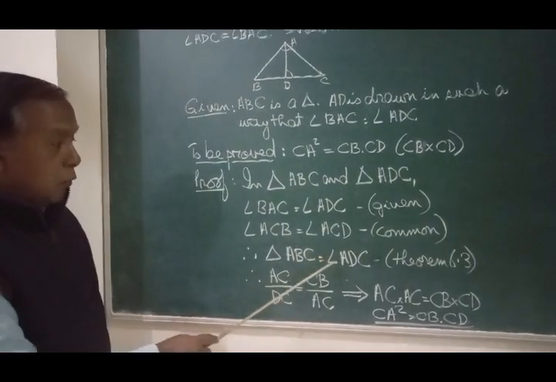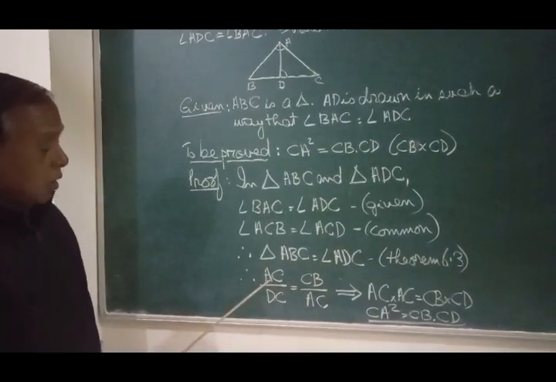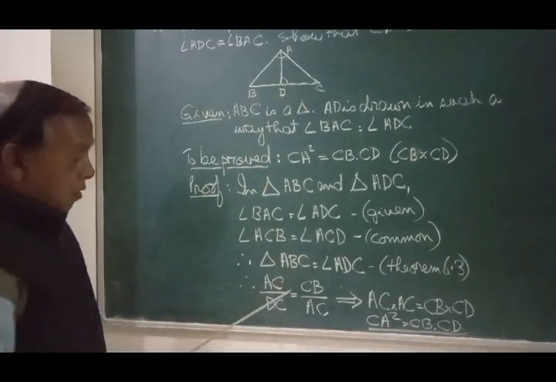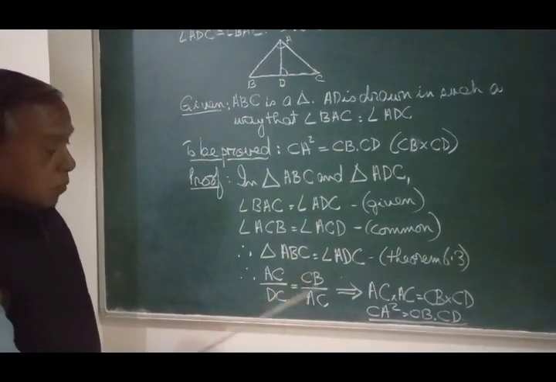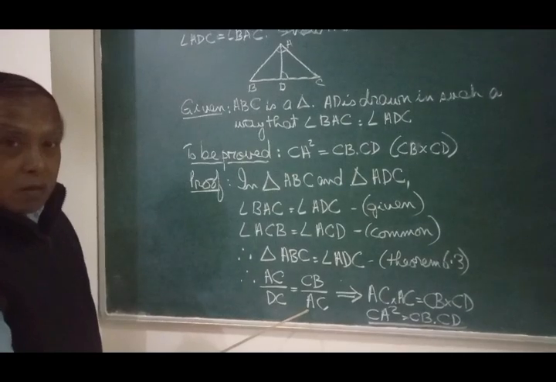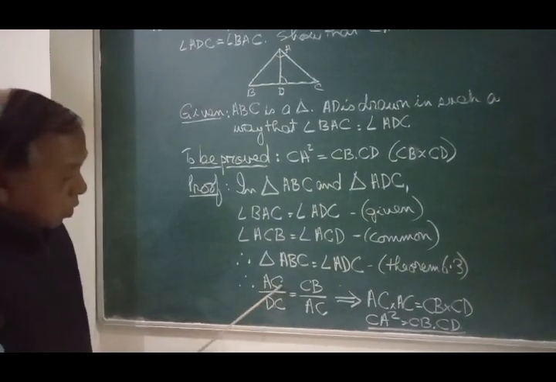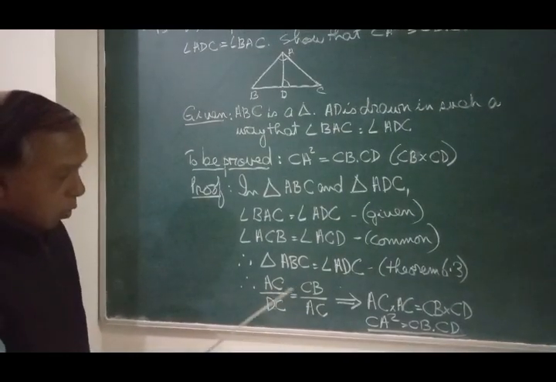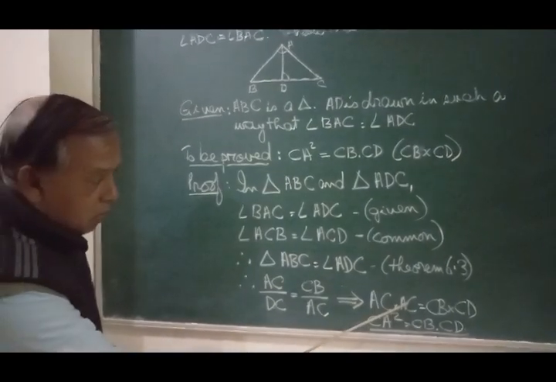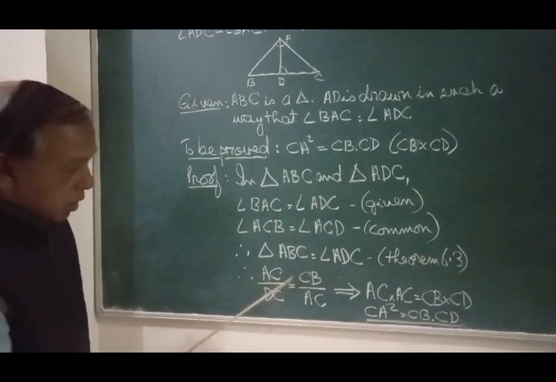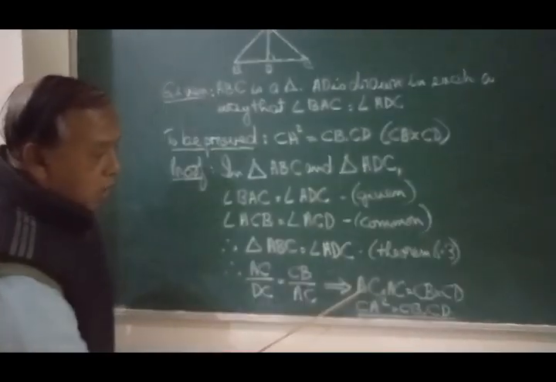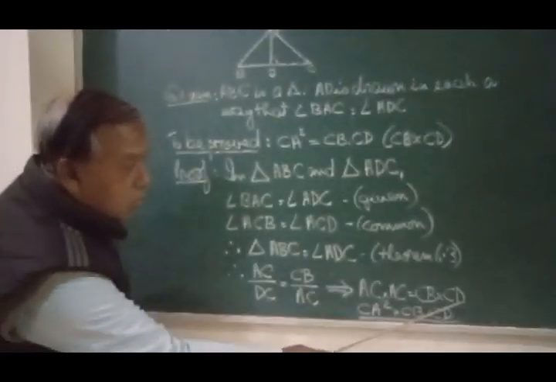And since they are similar, we can conclude AC upon DC is equal to CB upon AC. And then we just cross multiply. That is AC into AC, and then DC into CB. AC into AC is equal to CB into CD.